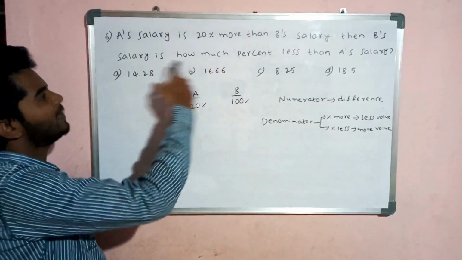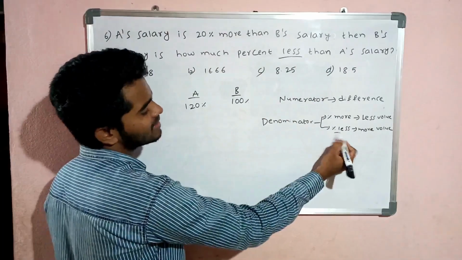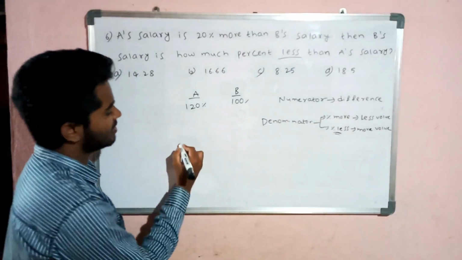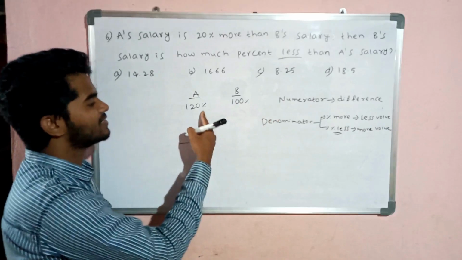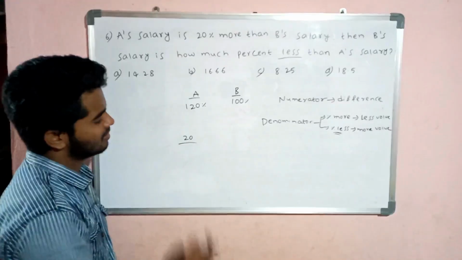In this question, B's salary is how much percent less than A's? How much percent less? The percentage is less, so take the more value as the denominator. The numerator is the difference, 120% and 100%. The difference is 20%.